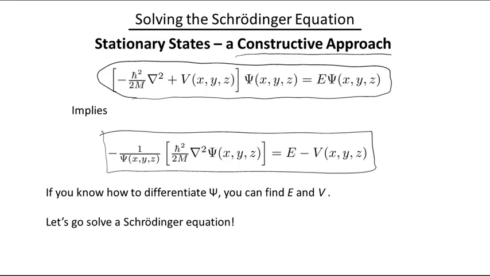So in other words, if you know how to differentiate psi, you can find an energy and a potential for which it is a solution. So there's nothing better than solving a Schrodinger equation. Let's do it in the next inline example.